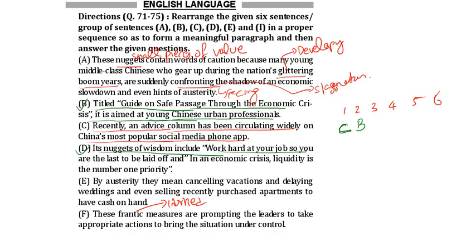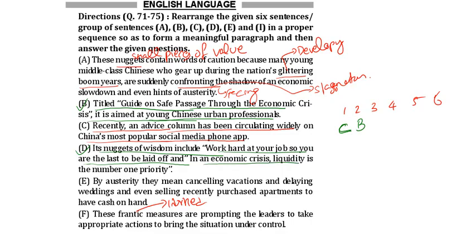Work hard at your job. If you don't want to lose your job, what should you do? You should work hard at your job so that you are the last to be laid off. So you should work hard in such a way that the company needs you, and you should not be taken out of the work.